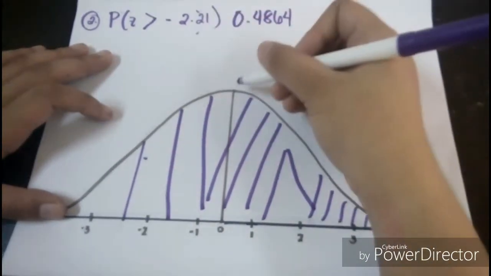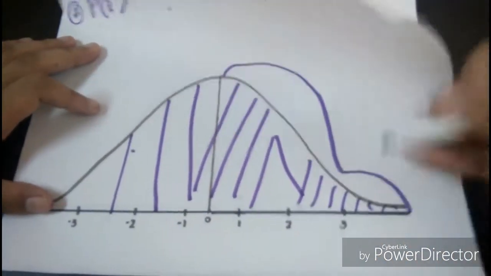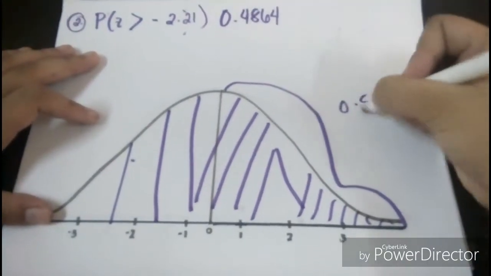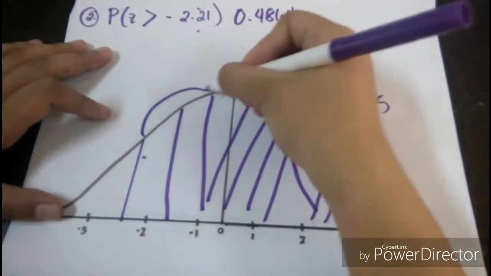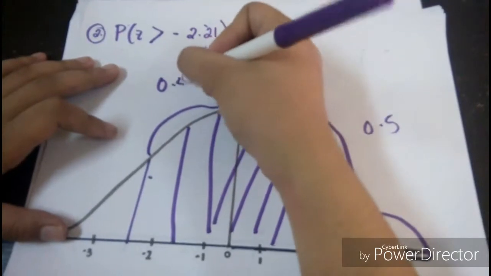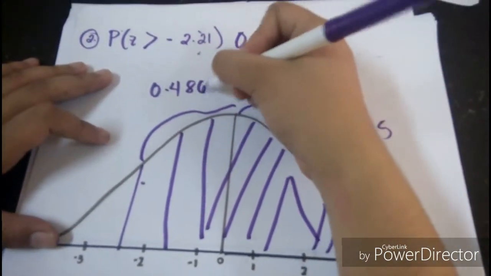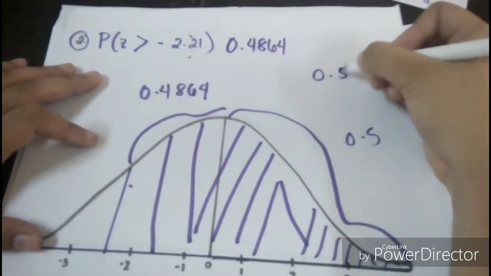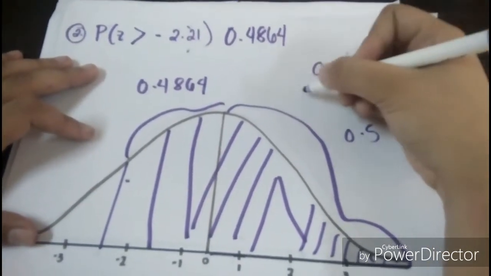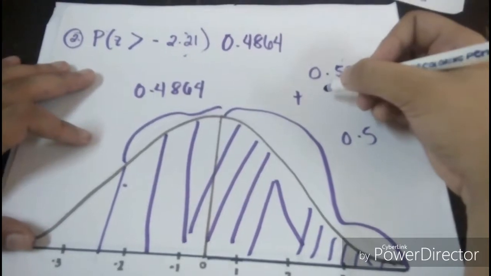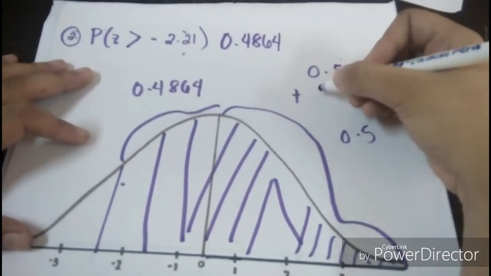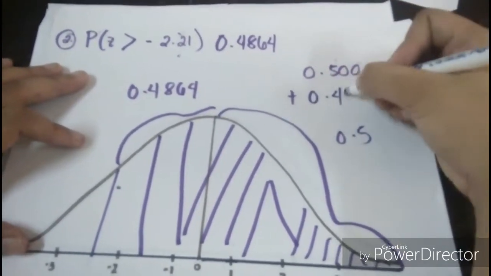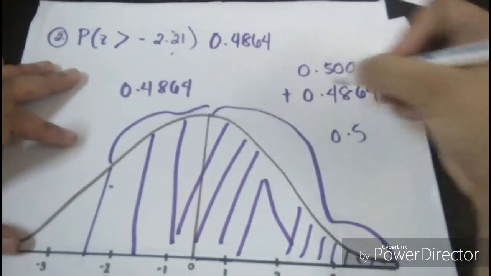So, we need to get this value, which is 0.5, and this one is 0.4864. After that, we need to add the 0.5 to the value of negative 2.21, which is 0.4864.